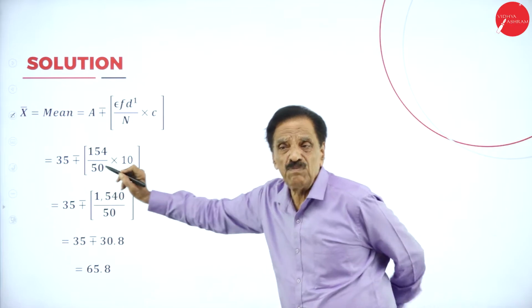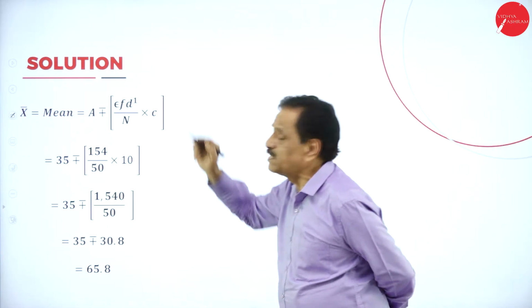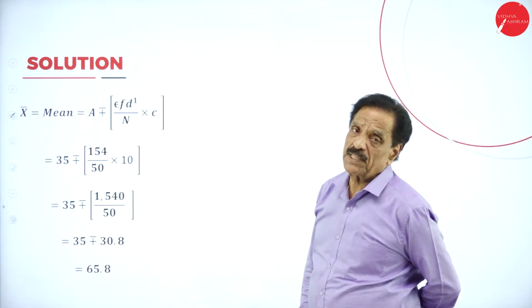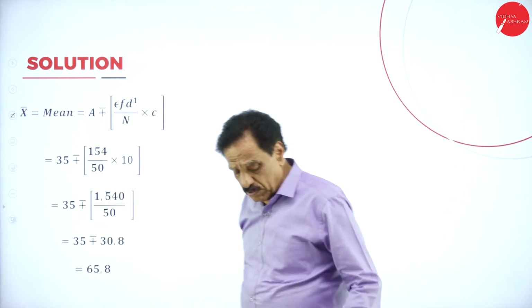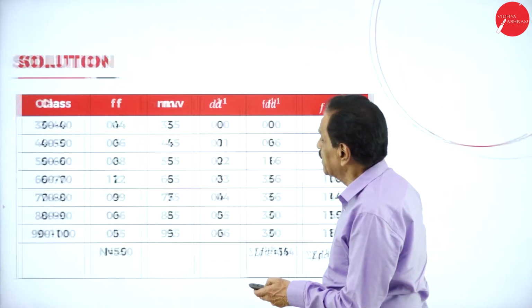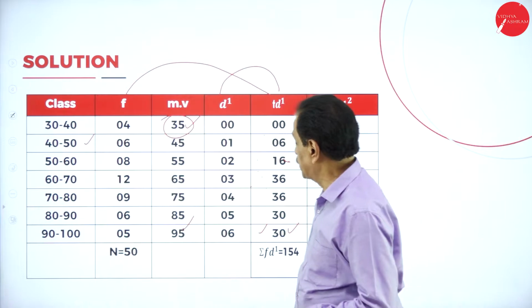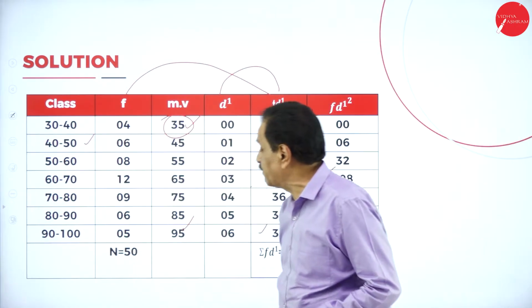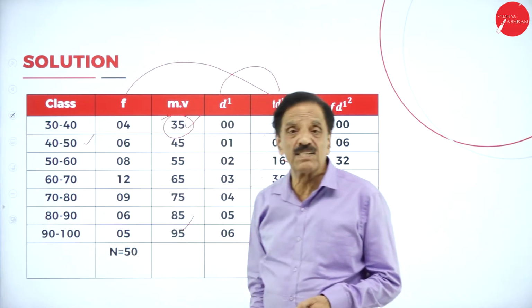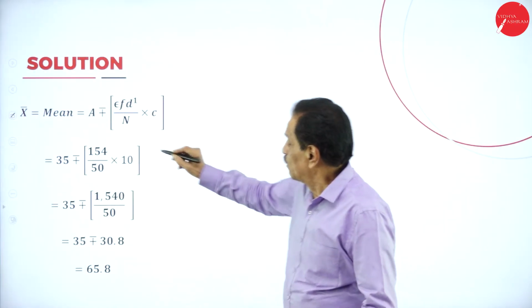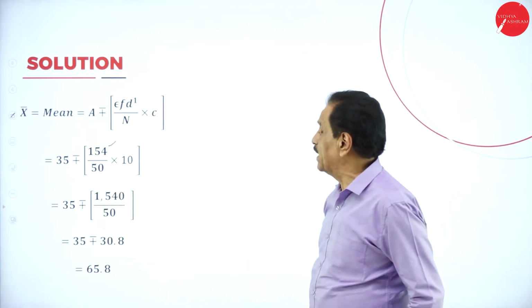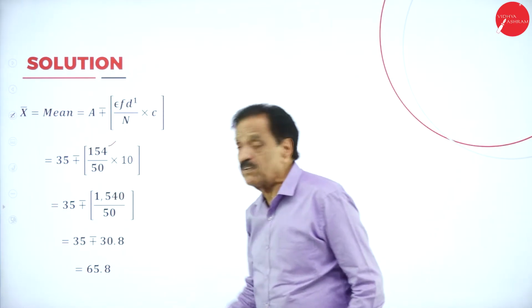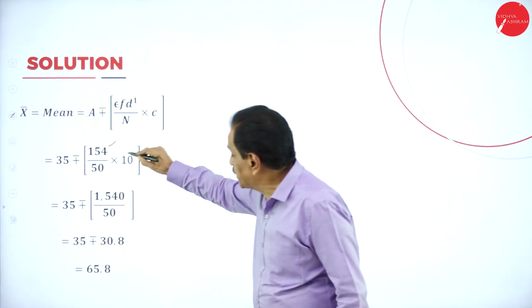Mean is equal to A plus or minus sigma ft dash divided by n into c. What we assume? 35. See that? What is sigma ft dash? 154. Number of frequency 50 and class interval is 10.